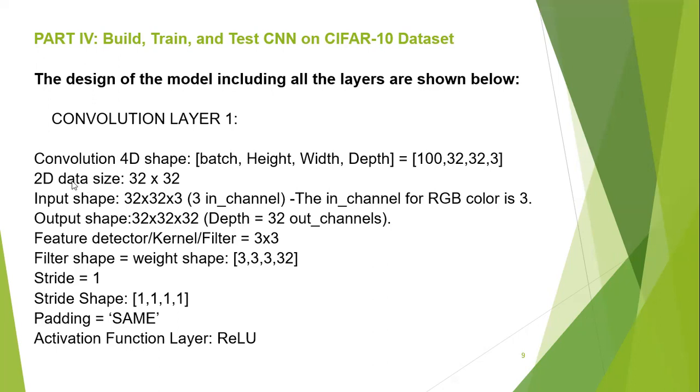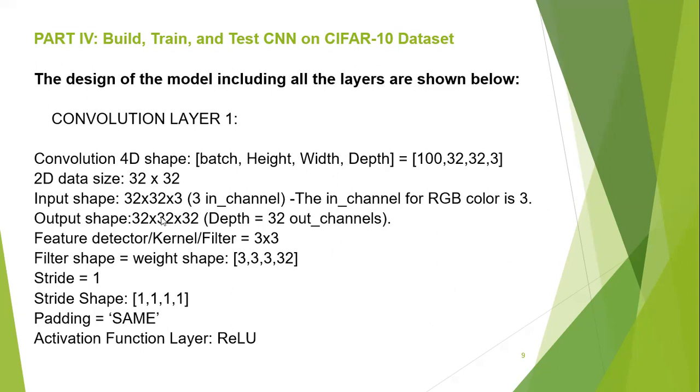And this is the shape of the 2D data that is uploaded into the CNN: 32 by 32, which means 32 height and 32 width. This is the input shape with 3 input depth channels for color, and 3 is for RGB, which means red, green, blue.